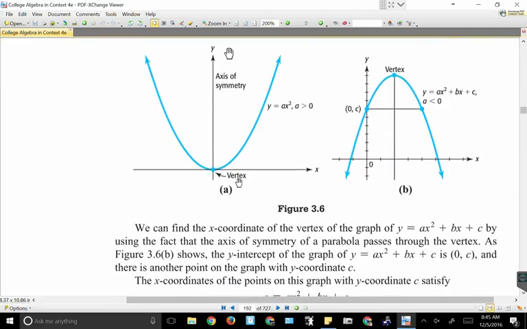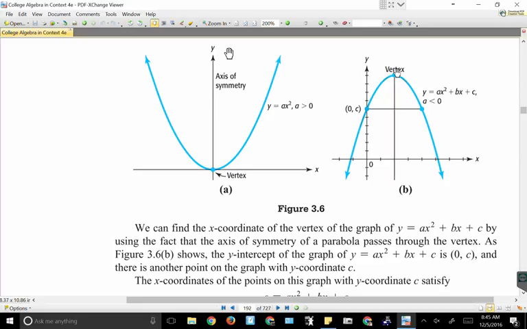Now, axis of symmetry, like I said, what goes through the vertex will always be what x is equal to. Now, if this vertex is going through here on the x-axis and the y-axis, it's the origin, right? Axis of symmetry is x equals 0 for the y-axis.